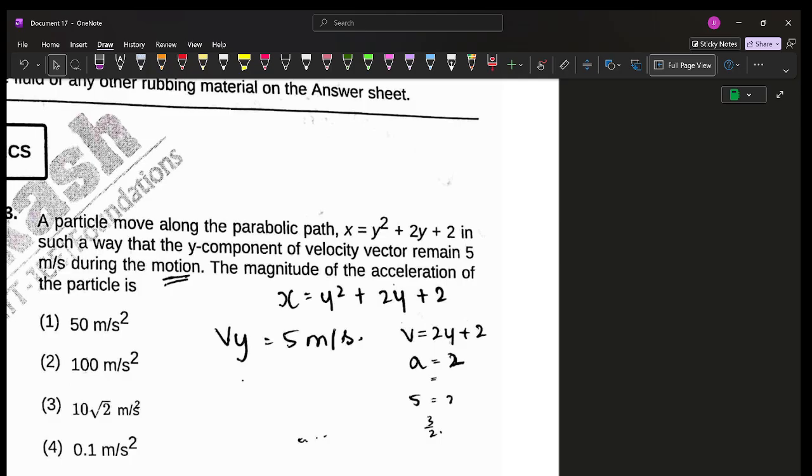Whenever a path equation is given and your velocity slash acceleration is asked, your brain should automatically think I need to introduce time by differentiating. Okay, let me just write that down. It looked like a very good line. So it's like ask yourself what is changing with time.